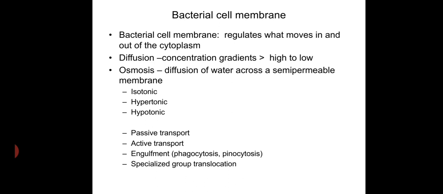The bacterial cell membrane possesses passive transport, because selective particles enter the cytoplasm via the cell membrane, and it also takes part in active transport.